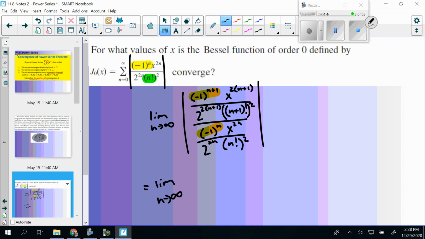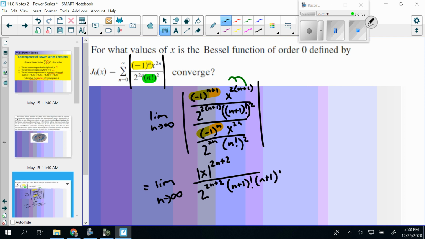So our top numerator here is going to end up being x. And then if I distribute here, this ends up being 2n plus 2. On the bottom, I'm also going to distribute, so that'd be 2 to the 2n plus 2. And then this is n plus 1 factorial squared, meaning almost like we got 2 n plus 1 factorials going on.